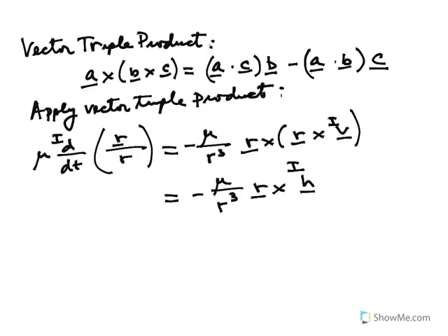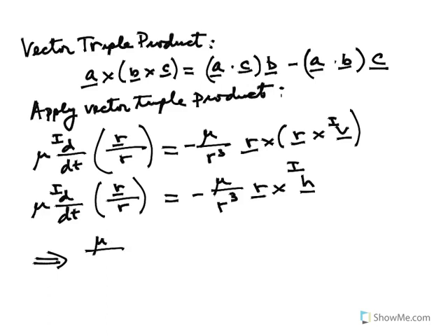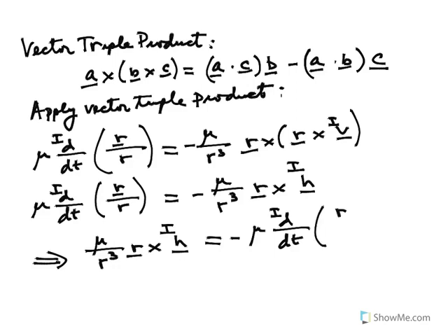So this is a key property that we actually can use now to substitute into the expression that we had after we took the vector product of the two-body differential equation with the specific angular momentum. Namely, that mu over r cubed times r crossed with hi is equal to minus mu times the rate of change in I of r divided by the radius.